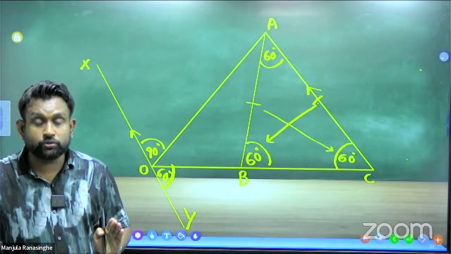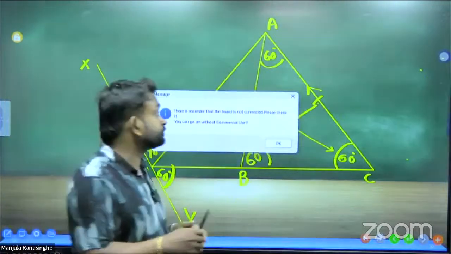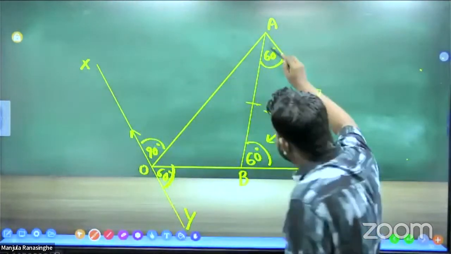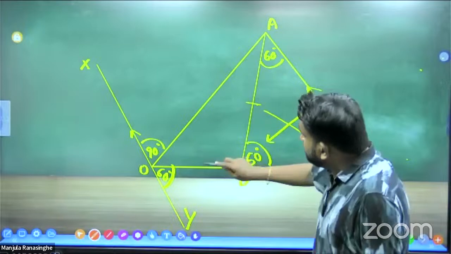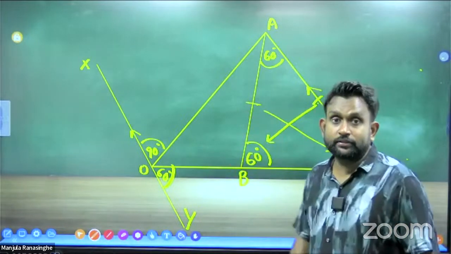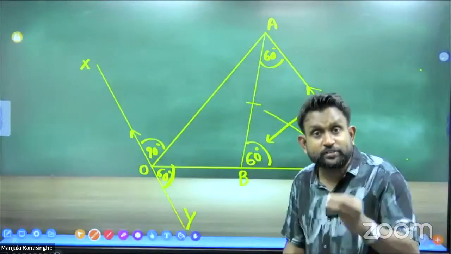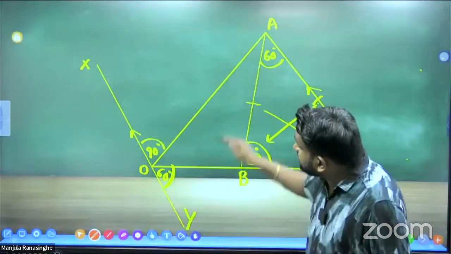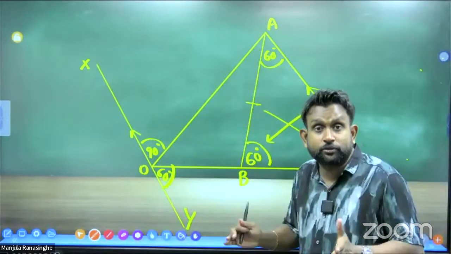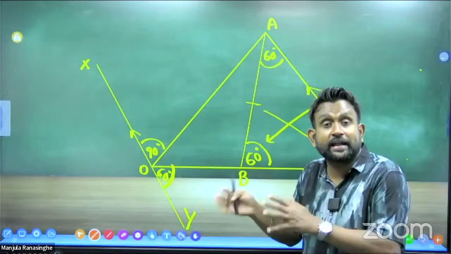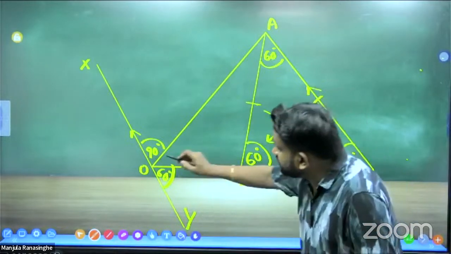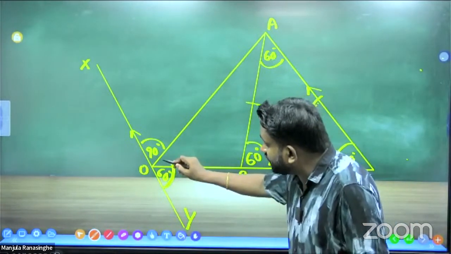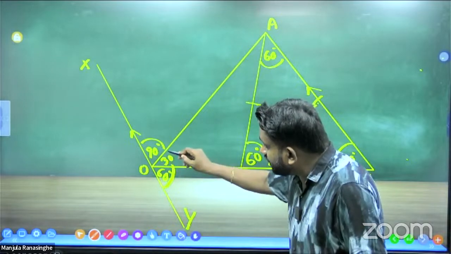Then part 2, show that AB equals OB. So they're asking AB equals OB. These two sides to make equal. Then same method: if two sides are equal, their opposite angles shall be equal. So we are running in that way because angles are given. If this is 90, this is 60, you can find out this is 30. Why?